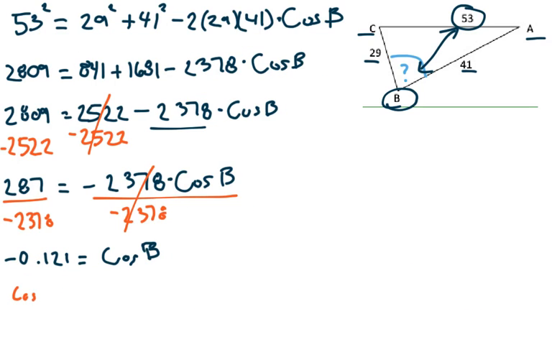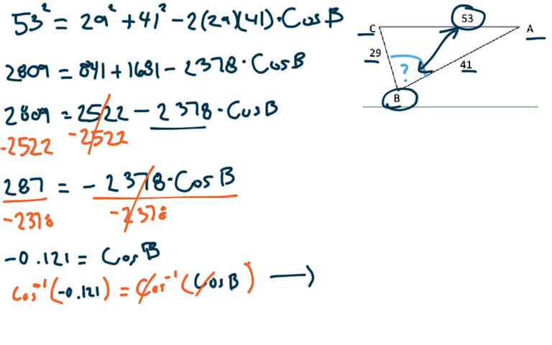So cosine to the negative 1 of negative 0.121 is equal to cosine to the power negative 1, or cosine inverse, of the cosine of B. And as we know, that cancels out the cosines, and we are left with whatever cosine inverse of that is.